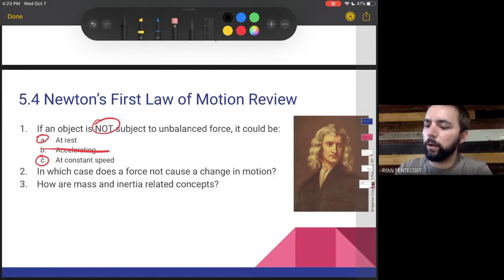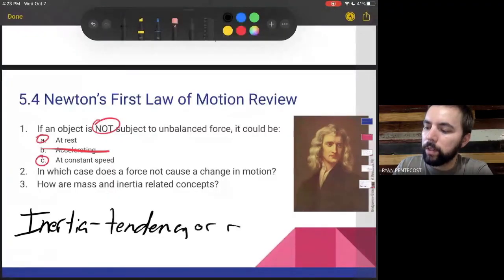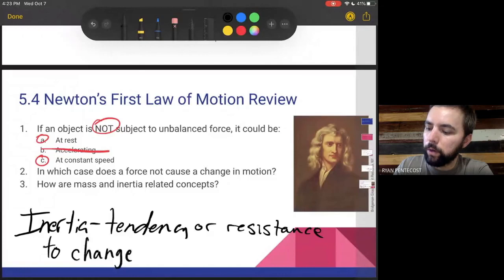Inertia is the tendency to not change motion, or you could say resistance to change motion.